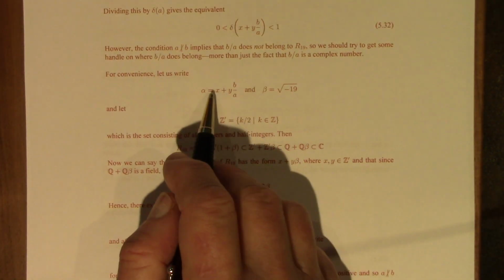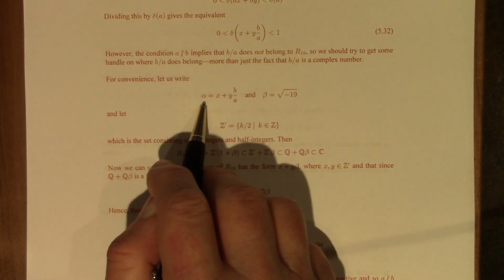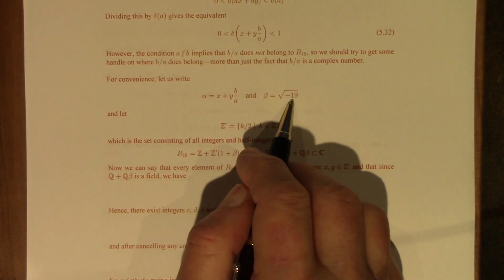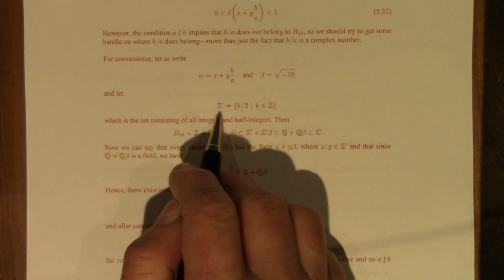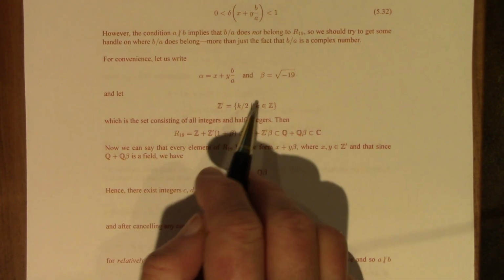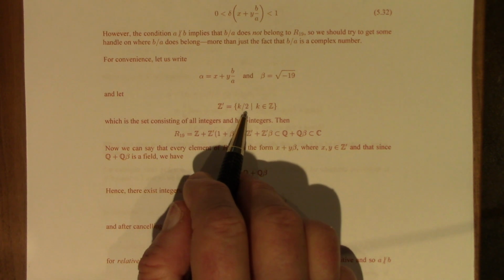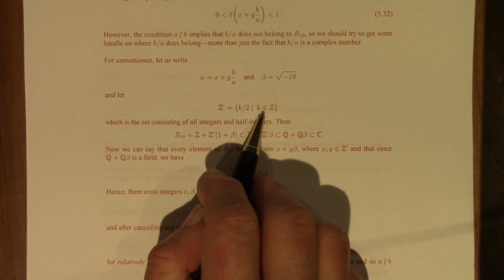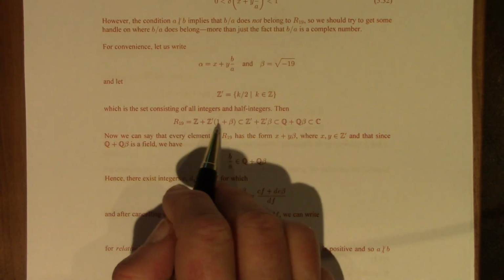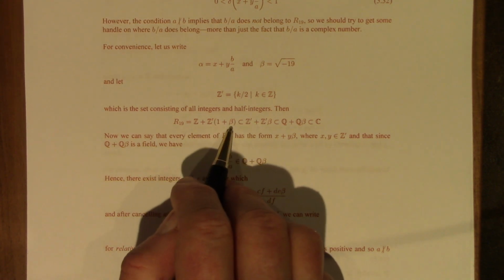So for convenience, I'm going to denote x plus y b over a by alpha and square root negative 19 by beta. And also Z prime is the set which consists of all the integers and all the half integers. So R19 is Z plus Z prime times 1 plus beta.